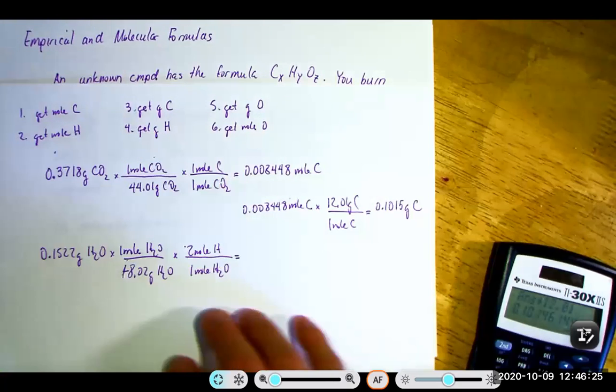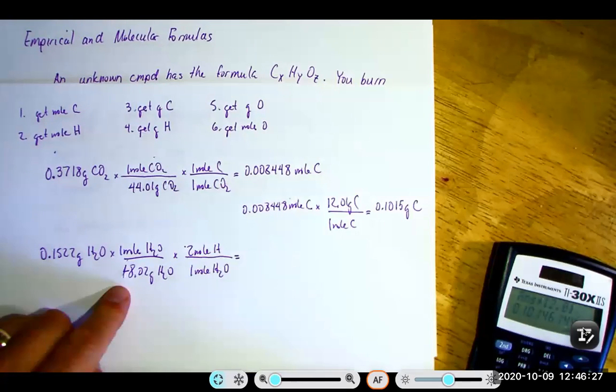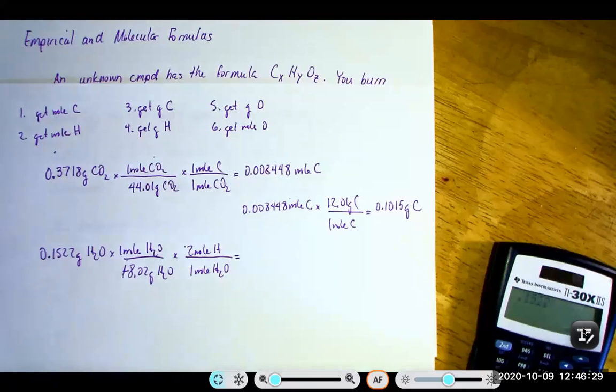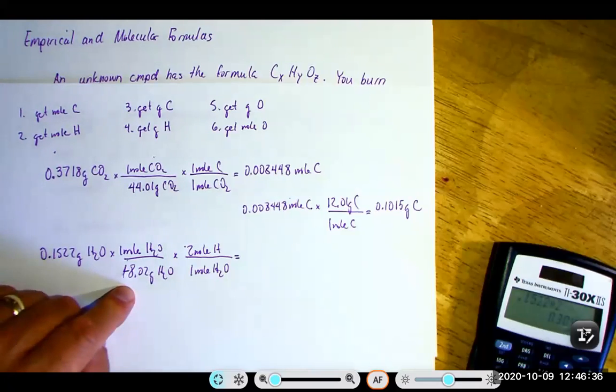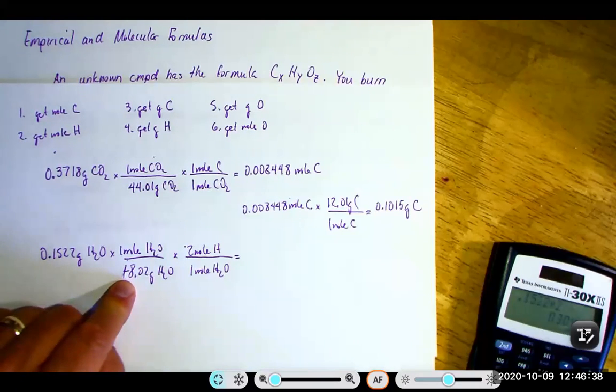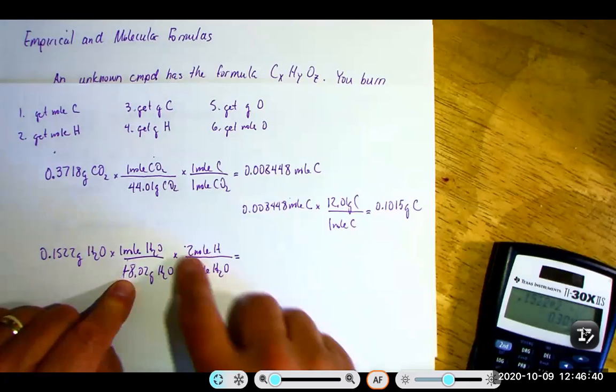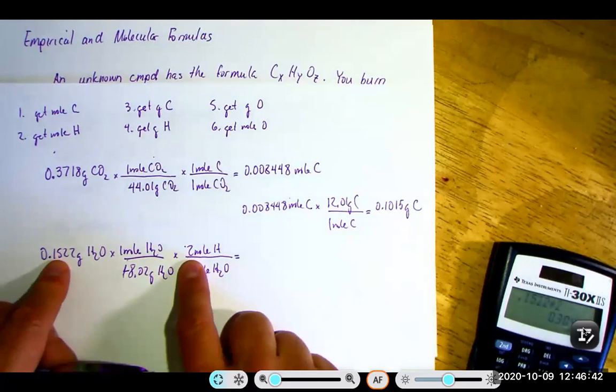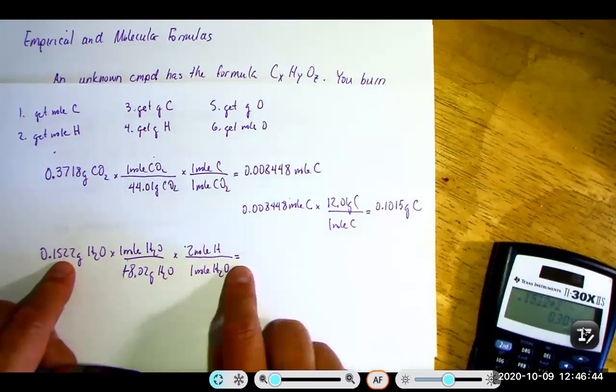And here, 0.1522 times 2 is 0.3. And if this on top were 1.8, not 0.3, but 1.8, we get what, 1/10.